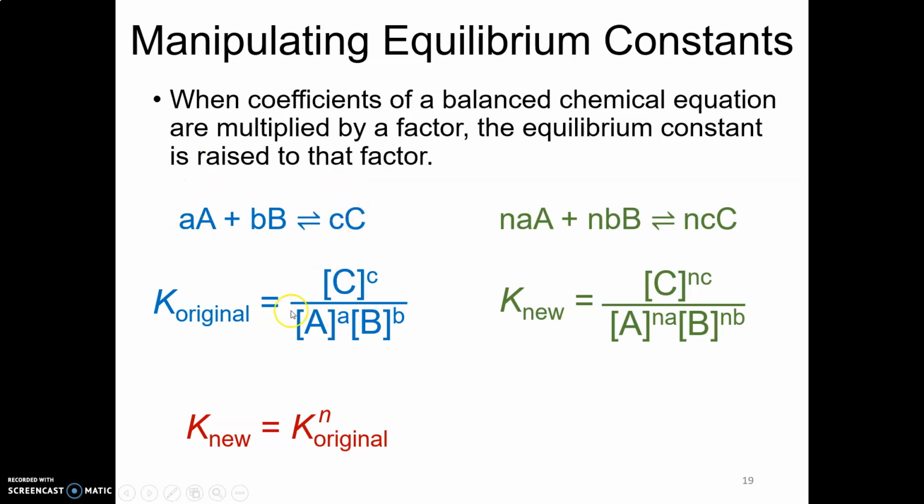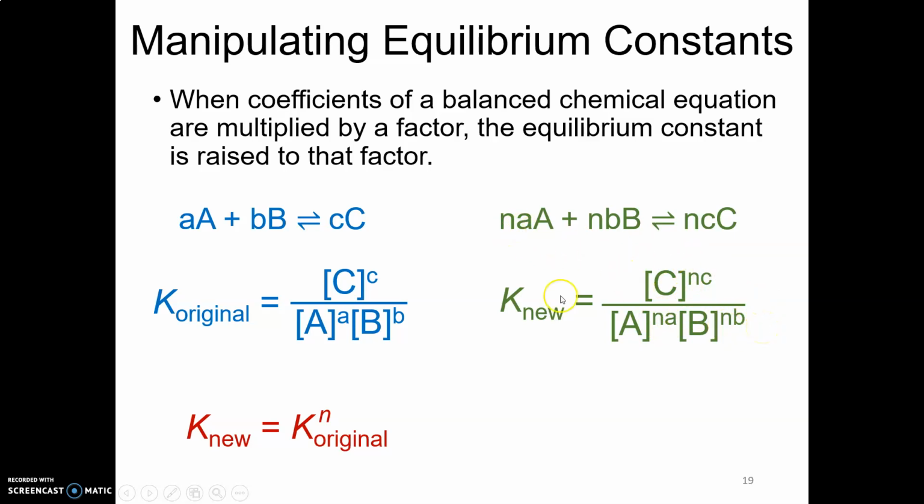So here we have a sample expression and its corresponding K. Now let's say we're going to multiply each coefficient by some new value. So this N is some new value. So now your coefficient is N times C, right? Or N times A, or N times B, right?